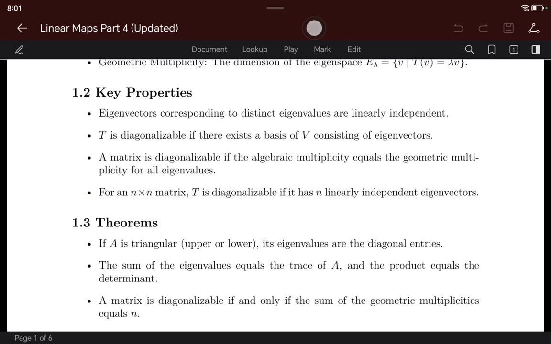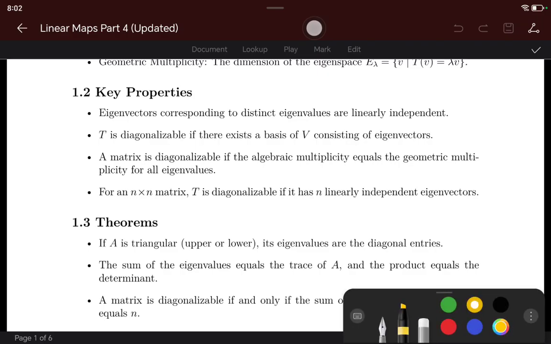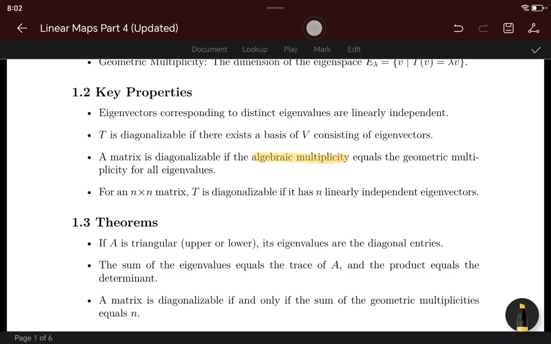They say that a matrix is diagonalizable if the algebraic multiplicity... Already now we're looking at the multiplicity. We have the algebraic multiplicity and the geometric multiplicity. Let's take 30 seconds, and then you think about which one is the algebraic multiplicity and which is the geometric.